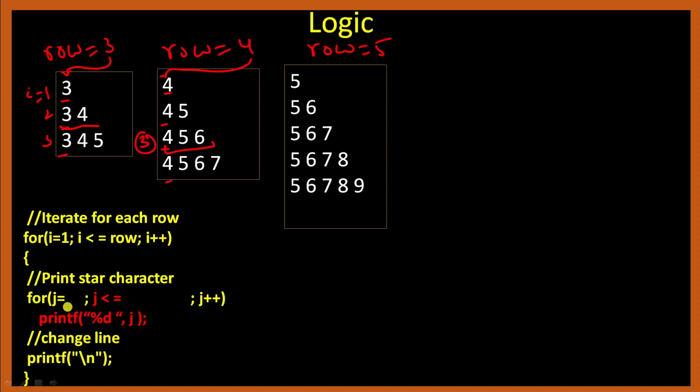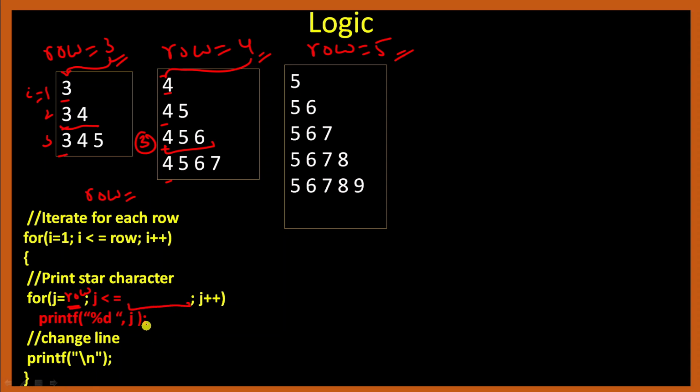Earlier we were just fixing it with 3. Now we can't fix it with 3, because if the input changes, then the starting point should also change. The starting point is decided by row, so we can say j equal to row. This is the starting point, and accordingly this should be changed.